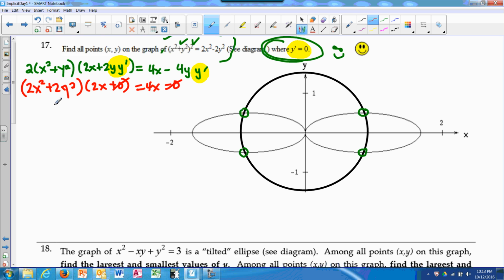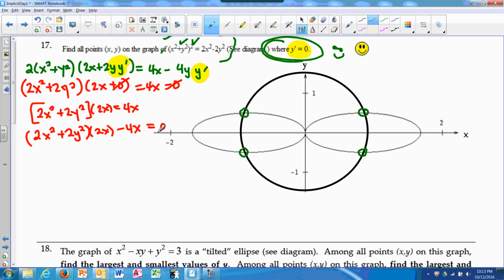So now I have 2x squared plus 2y squared times 2x equals 4x. If I move this over, 2x squared plus 2y squared times 2x minus 4x has to equal 0.